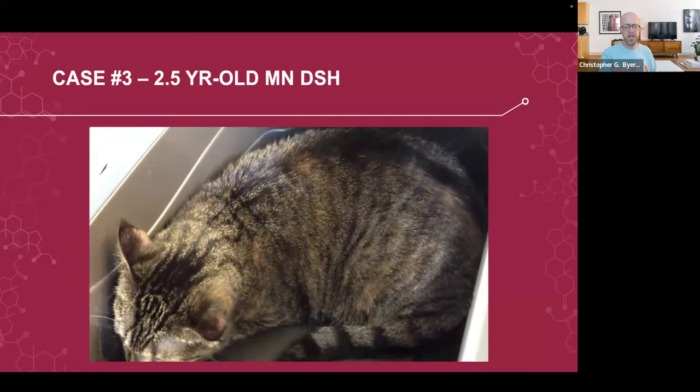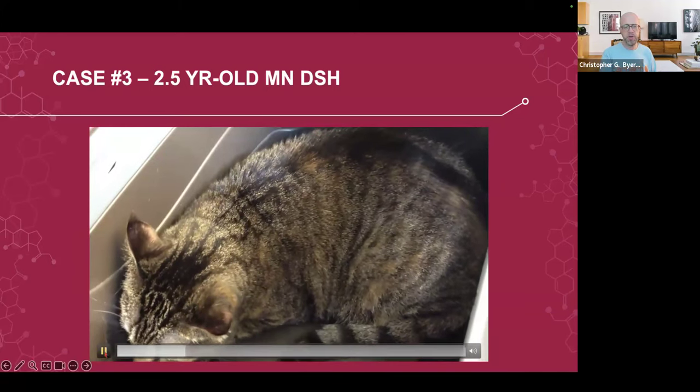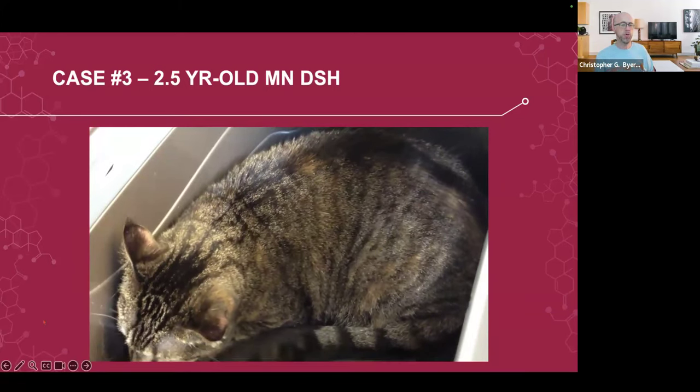So this is a 2.5-year-old male neutered domestic shorthair who was presented in respiratory distress to the emergency room. As you can see here, we've taken the top off the carrier, we've removed his blanket, but we're taking a brief moment to breathe with him.